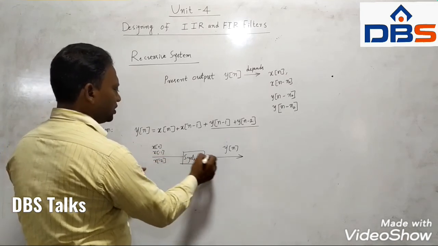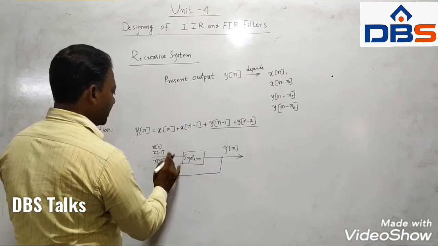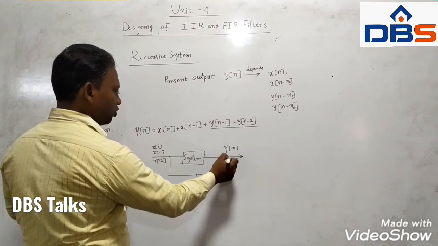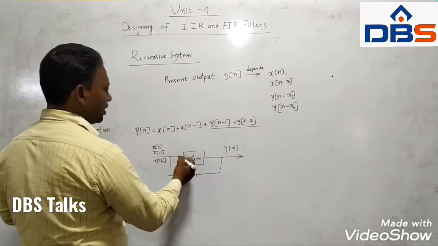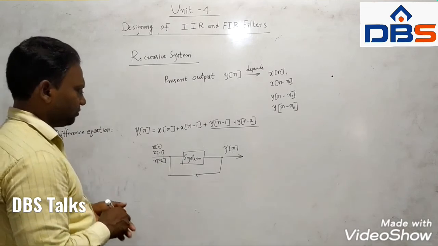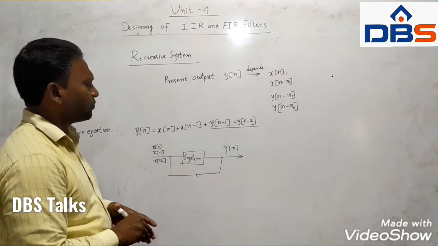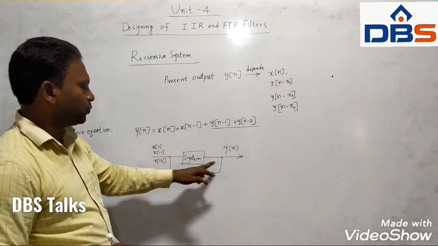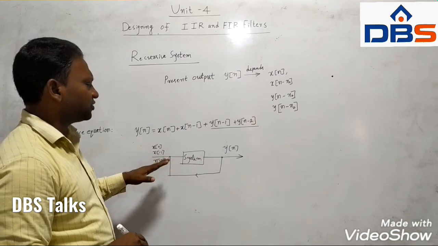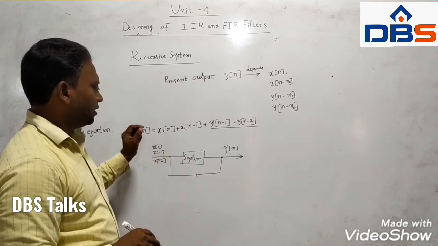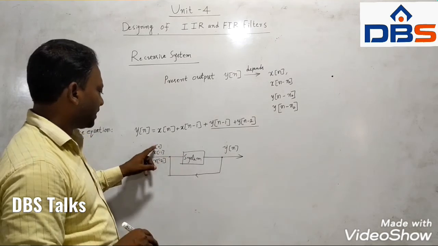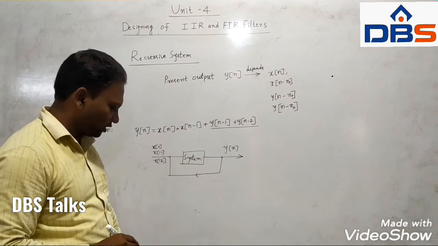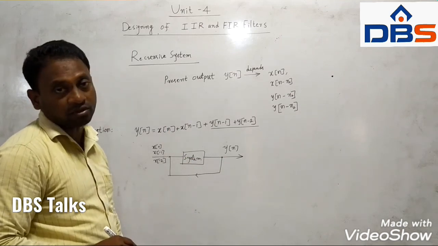In addition to this, if the present output depends on the past outputs, then we say that it is a recursive system. In the recursive system, there is a feedback from the output to the input, and in a non-recursive system there is no feedback connection, because in the non-recursive system y of n depends only on the present and past inputs, not on the past outputs. This is how we can make the difference between recursive and non-recursive systems.